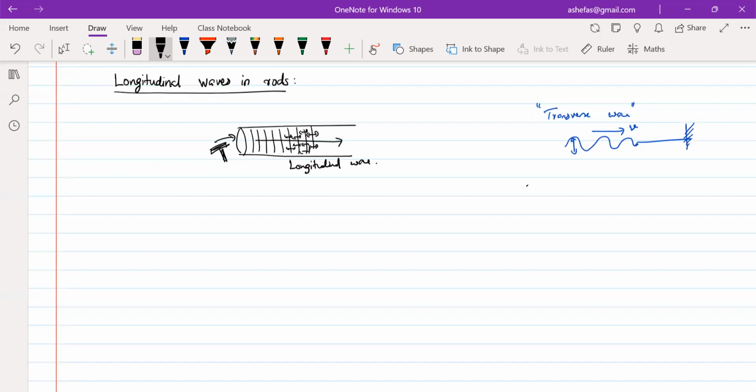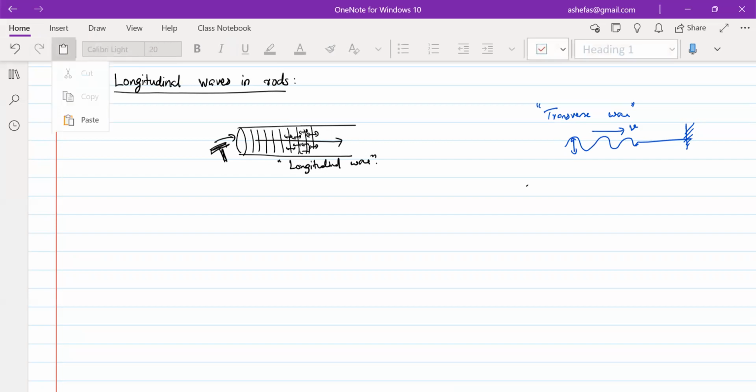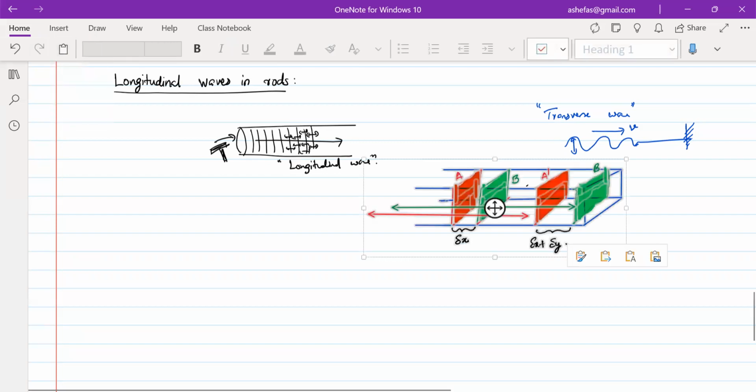Okay, so how can we explain this longitudinal wave, or how can we find the expression for the speed of the wave in case of longitudinal waves in a rod? For it, we can have this figure.